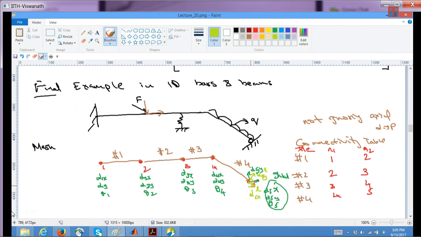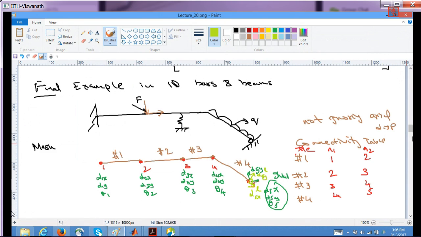If you look at it, it's a pin joint. So you can easily impose your y and x in the local coordinate system compared to the global coordinate system. So I would prefer to write this one in the local coordinate system, and at a later time I will go back and convert into the global coordinate system.